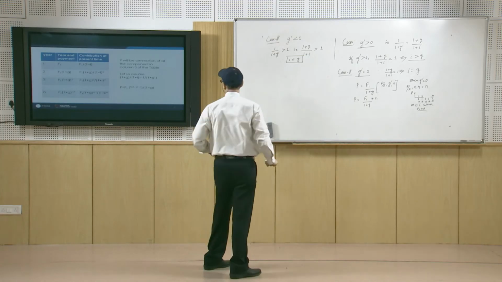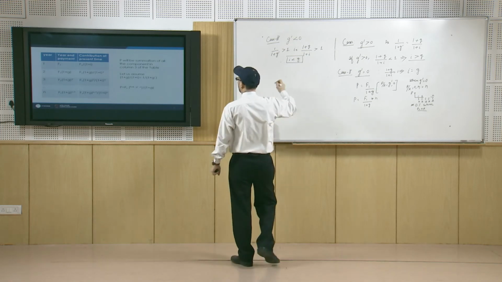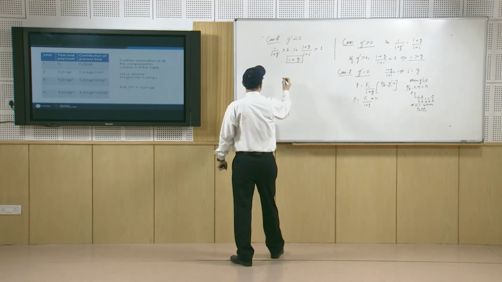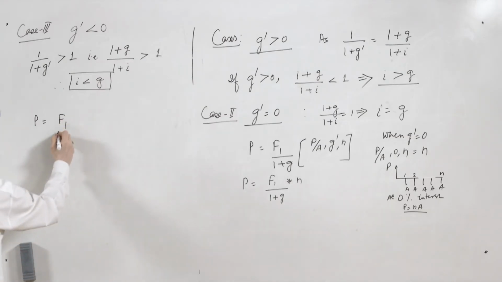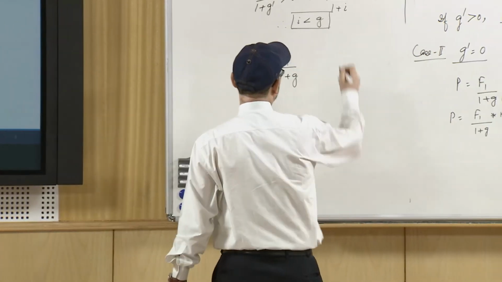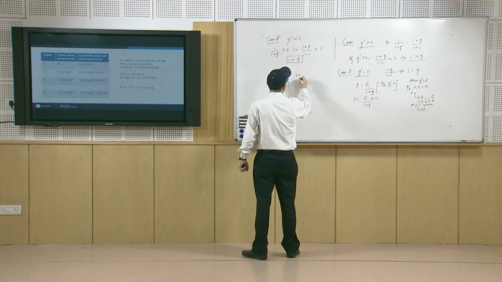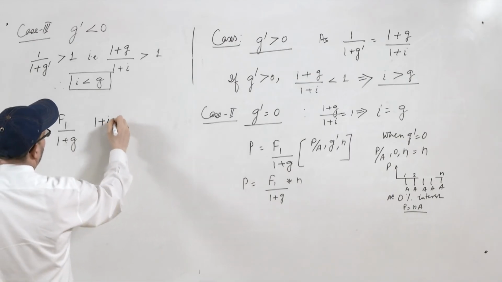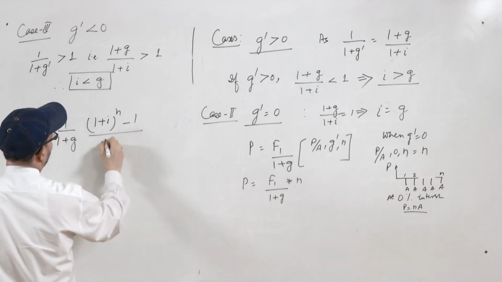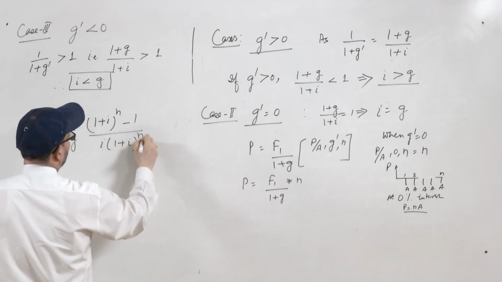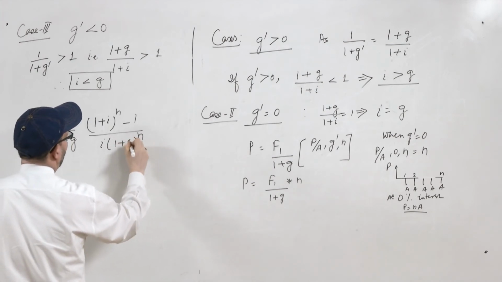What will happen in those cases? If you look at the factor, P is F1 by 1 plus g into P by A g prime n, and P by A g prime n is nothing but 1 plus i to the power n minus 1 by i into 1 plus i to the power n, where i is replaced by g prime.